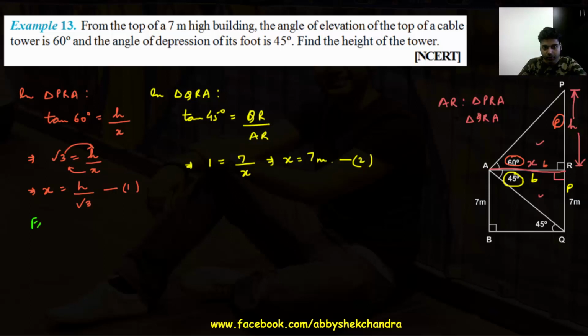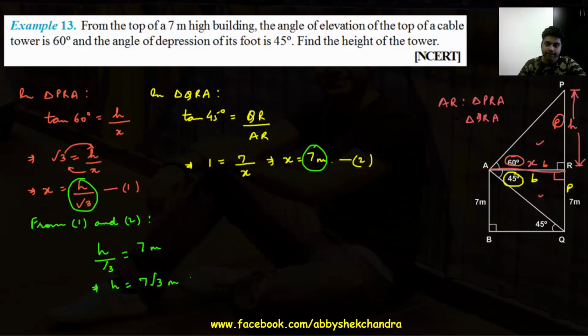So from 1 and 2 we can equate the values of X. So this value H by root 3 will be equal to this value 7 meters, or H equal to 7 root 3 meters, right?